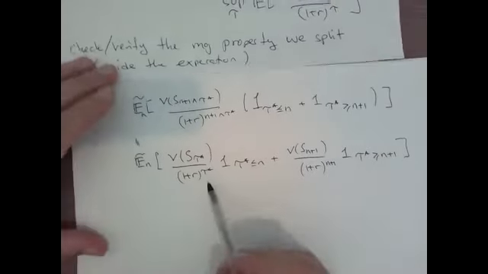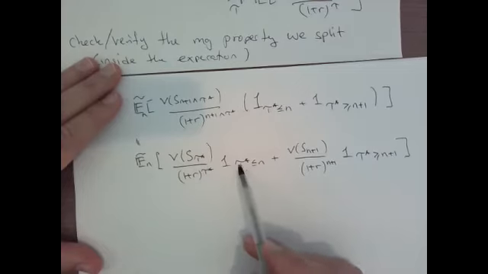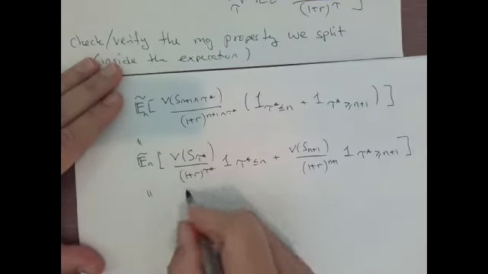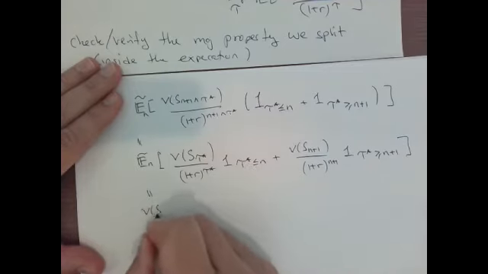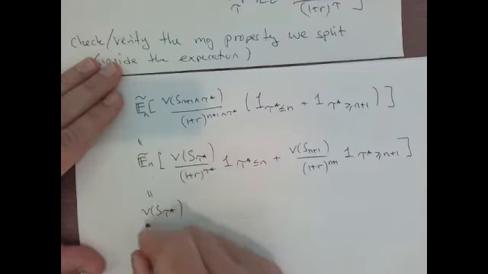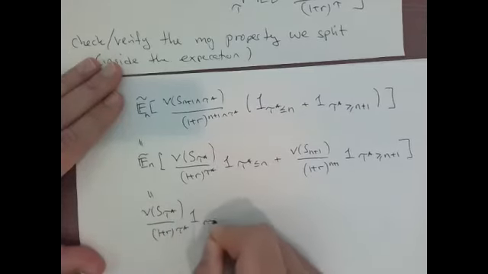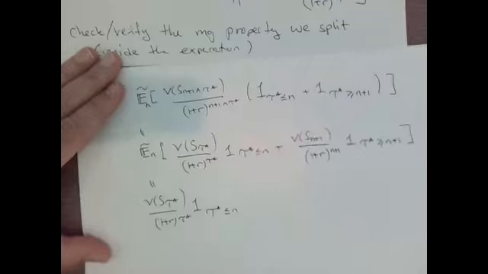Okay, so the first part, we're conditioning on n, τ* is less than n, all this stuff can go outside. The conditional expectation of this random variable is just going to be the random variable. So that's the first one.